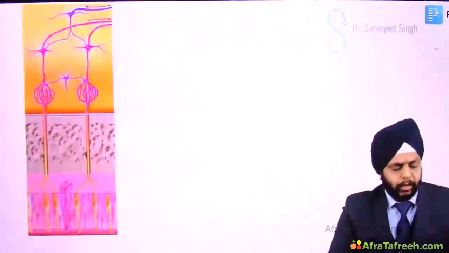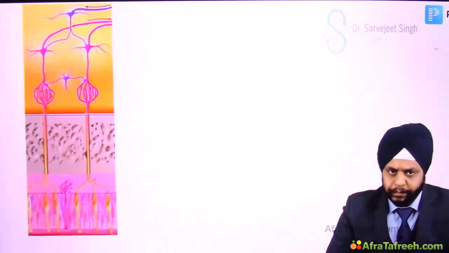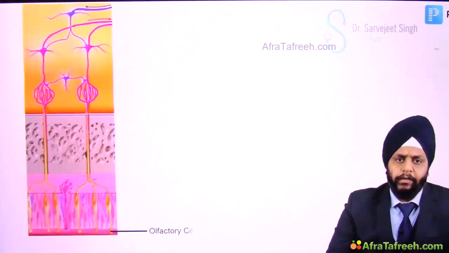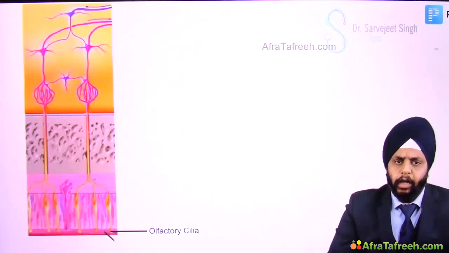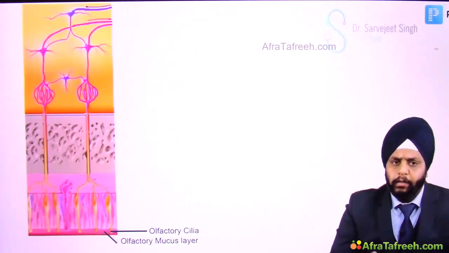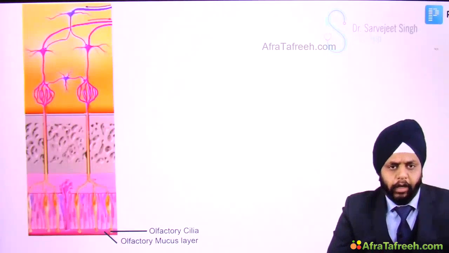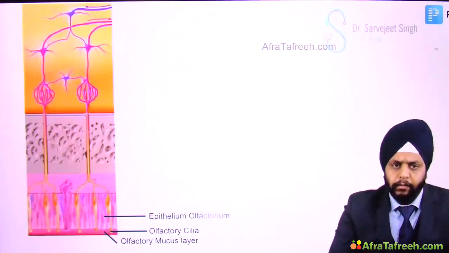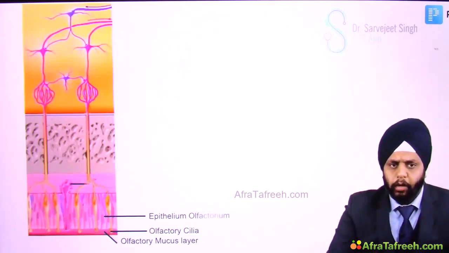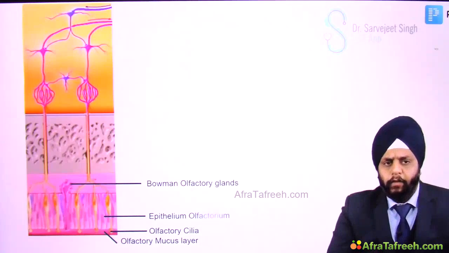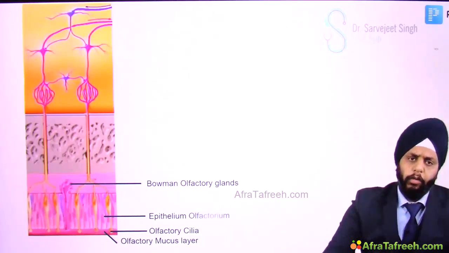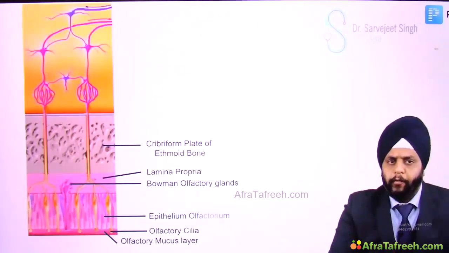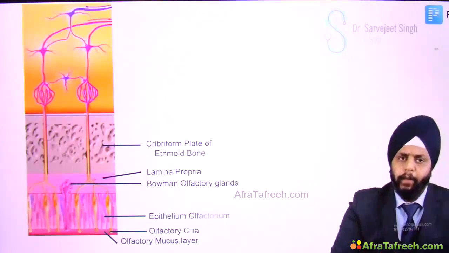Okay, let's study this olfactory pathway. Right? Now this olfactory pathway starts right from the olfactory cilia, which are in the olfactory mucus layer. Now these olfactory cilia transport it to the cells, the olfactory neurons. Okay, and these olfactory neurons, further you can see over here, go up through the cribriform plate into the olfactory bulb.